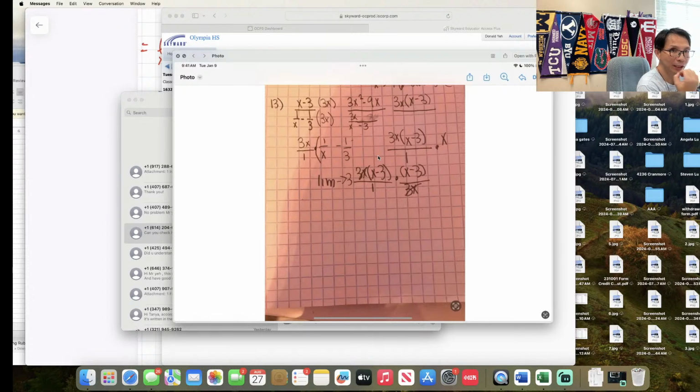She multiplied 1 over x minus 1 over 3 times 3x, but she got 3x over x minus 3. Is that correct? No. What do you think she did? She combined the denominator, which you cannot do. And she did just 1 times 3x on the numerator.